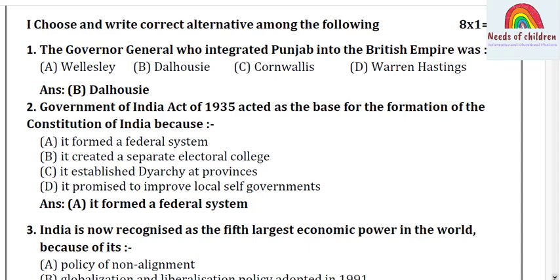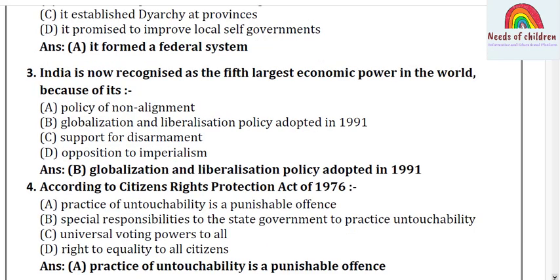Let's move on to the third one. India is now recognized as the 5th largest economic power in the world because of its: option A, policy of non-alignment. Option B, globalization and liberalization policy adopted in 1991. Option C, support for disarmament. Option D, opposition to imperialism.